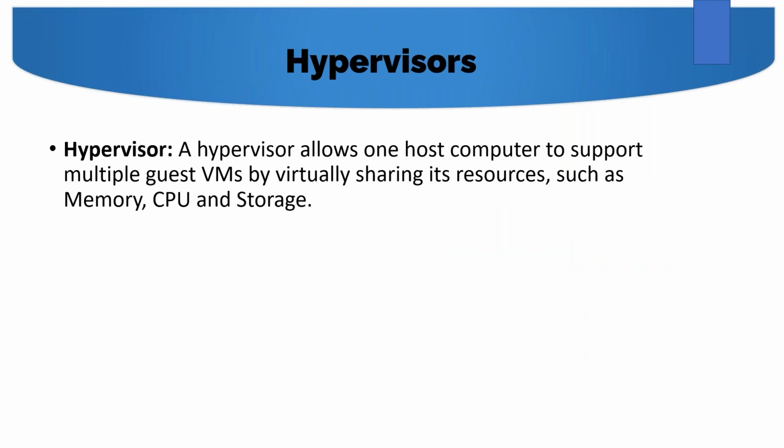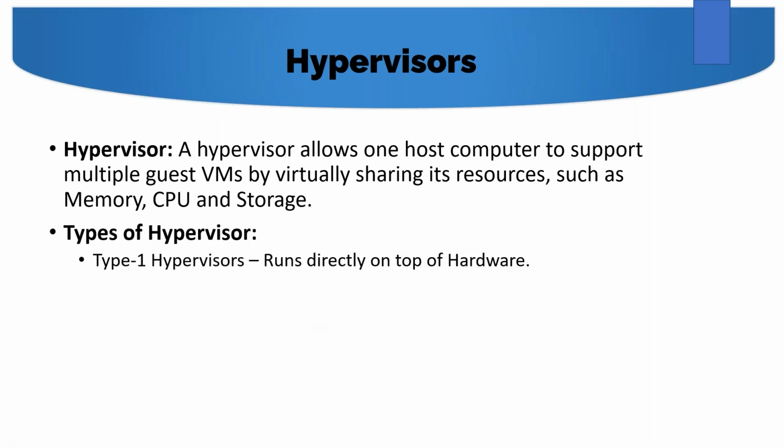So the main job of a hypervisor is to allow one host computer to support multiple guest virtual machines by virtually sharing its resources such as memory, CPU, and storage. In the market, we have two types of hypervisors. One is the type 1 hypervisor, which runs directly on top of hardware.